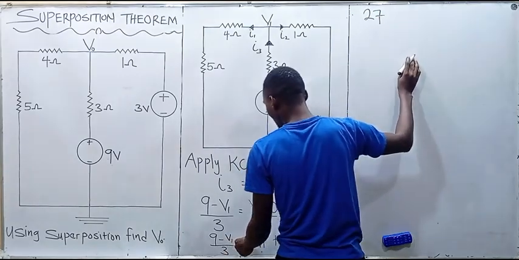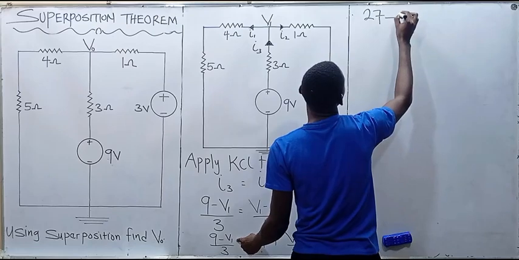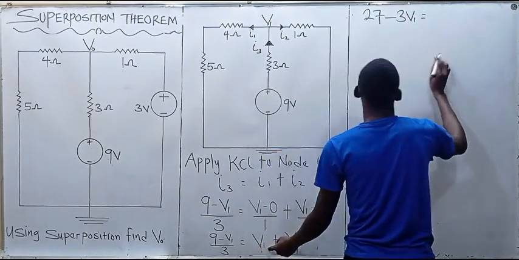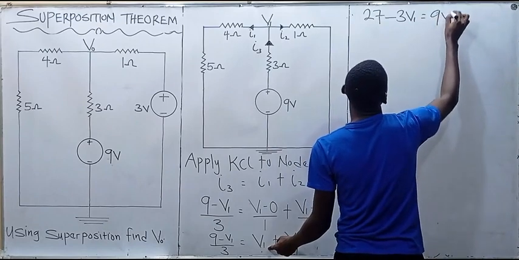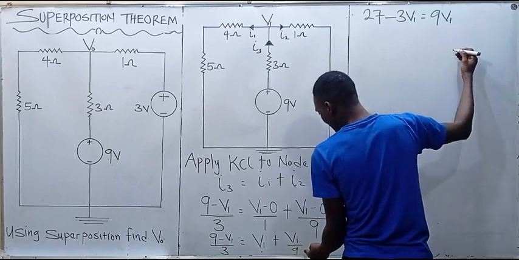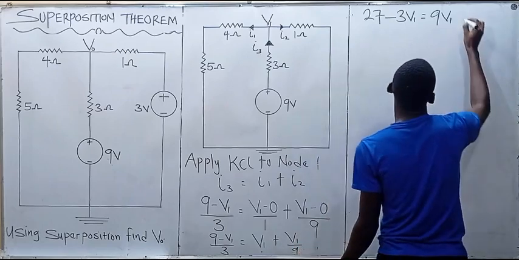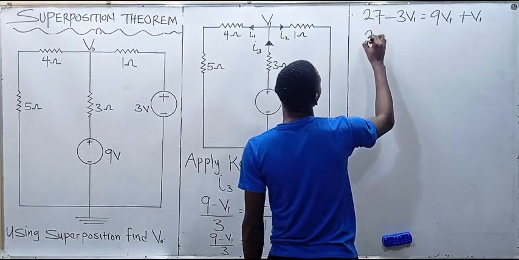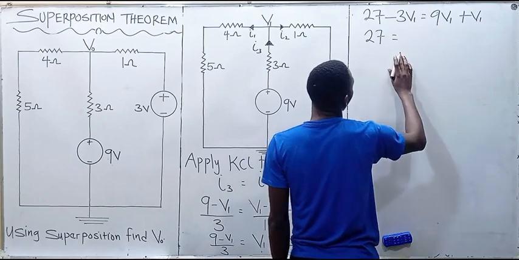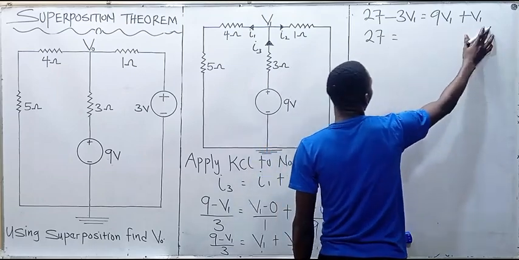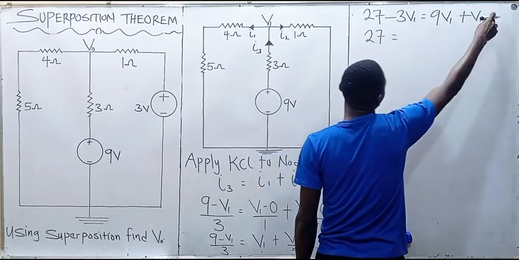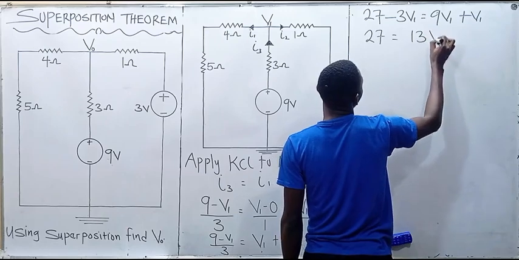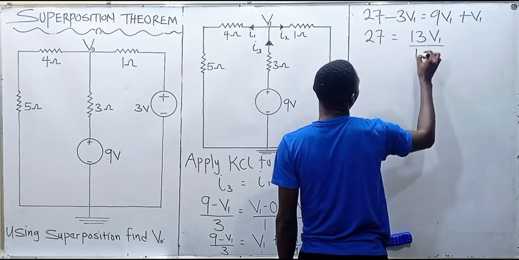Then 3 times V1 is 3V1, equals 9 times V1, which gives us 9V1, and then 9 multiplied by 9 cancels, plus V1. So 27 will be equal to 9V1 plus V1, which is 10V1. If this one comes over, it's going to change to positive. 10 plus 3 is 13, so 13V1. Divide both sides by 13.